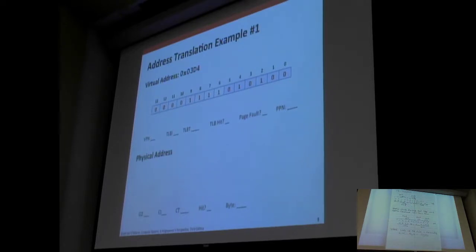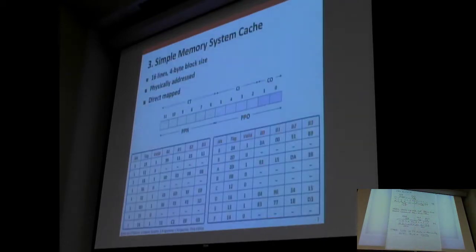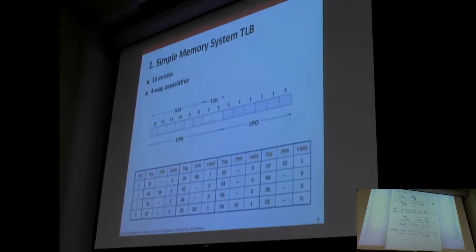So the first thing that the MMU does, given this address, is it checks the TLB, hoping that the page table entry that it needs is cached in the TLB. So it extracts the index bits, 3, and that says that if this page table entry is in the TLB, it's going to be in set 3. So we go to set 3, and now we're looking for an entry in set 3 with a tag of 3.